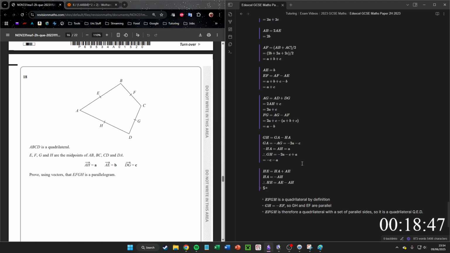We have AE somewhere, don't we? It's up here somewhere. AE is B. I've already been told that. And then AH, we've already been told, is A. Yeah, so perfectly fine. So that's very clear now. So B minus A and A minus B.